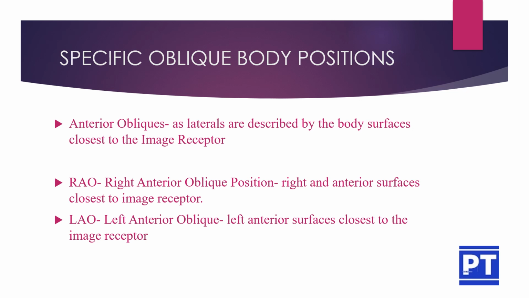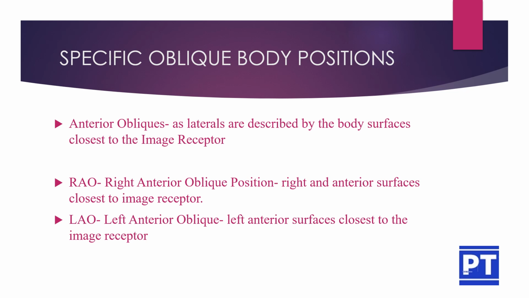When we are moving on to the oblique positions, RAO is the abbreviation for right anterior oblique position. In the case of a right anterior oblique position, the right anterior surface will be closest to the image receptor.